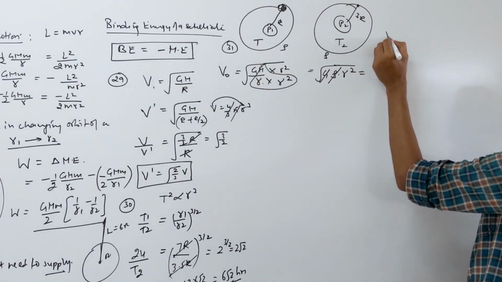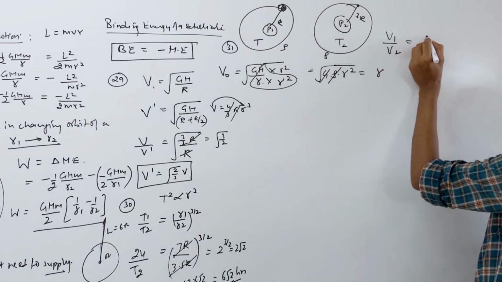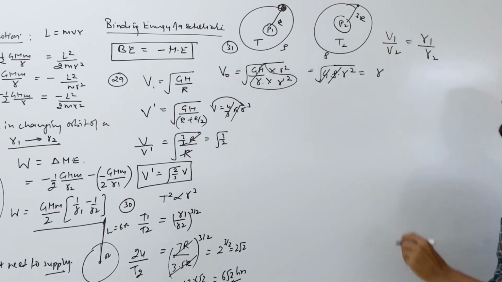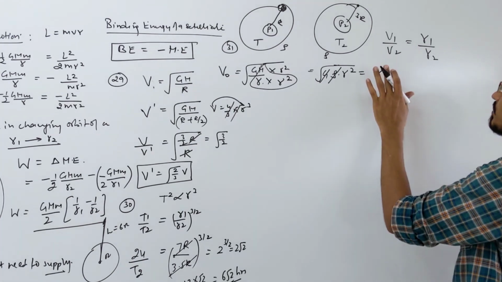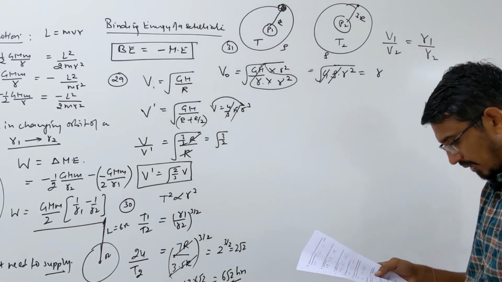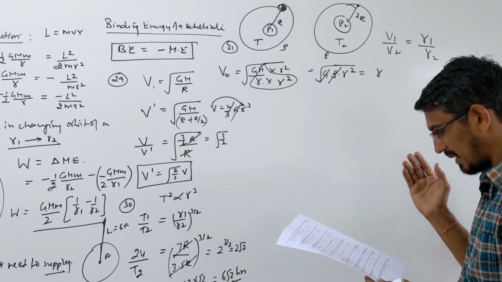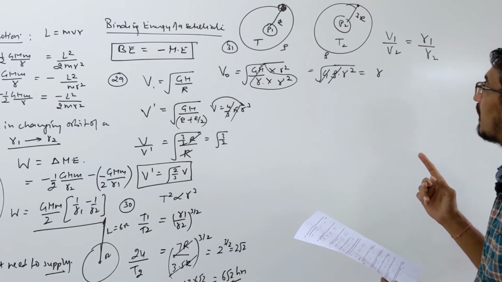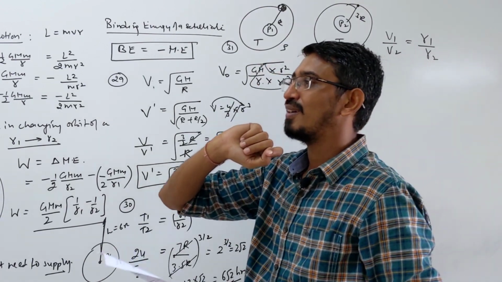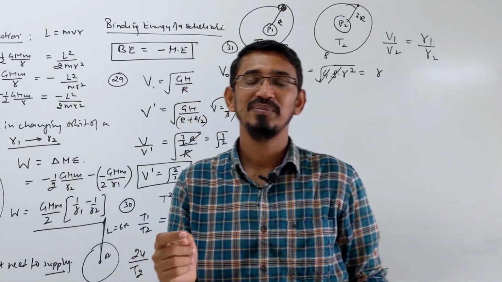So velocity of the first planet by velocity of the second planet equals radius of the first planet by radius of the second planet. Now what we have to calculate, actually I think I did some mistake. Here we have to calculate time period. Why am I calculating velocity? That's my mistake.